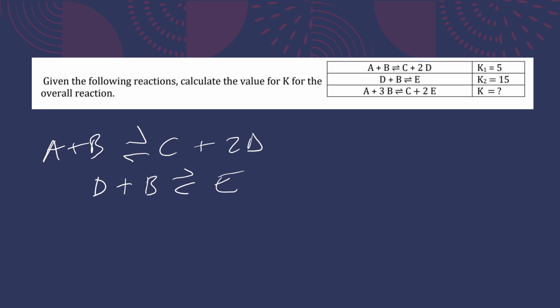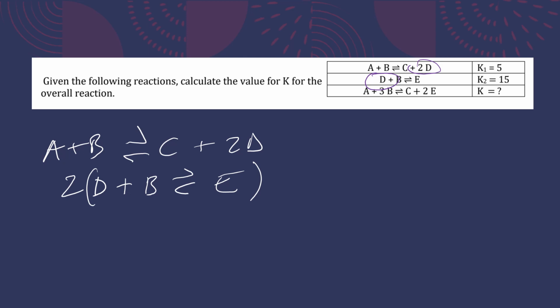Well, I want to keep the first one in that order, because I want to keep these all in the same order so I can end up with the A's and the B's on the reactant side still. However, I want to get rid of the D's. So notice how the D's are gone in my final reaction right here. So what I'm going to do with this bottom one, I'm going to multiply all of it by 2. And I'm going to rewrite this.